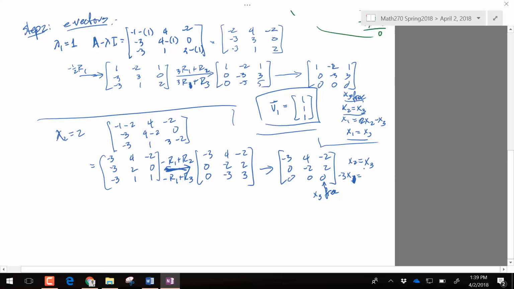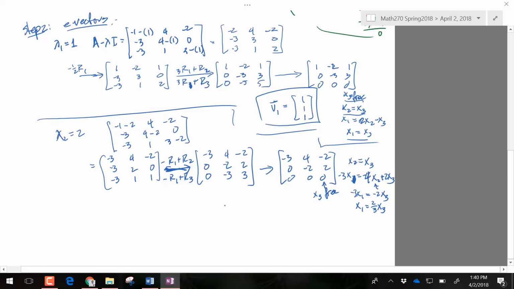So -3 x1 would be -4 x2 plus 2 x3. And then x2 is equal to x3, so -3x1 is equal to -2x3. So x1 is going to be 2/3 x3.